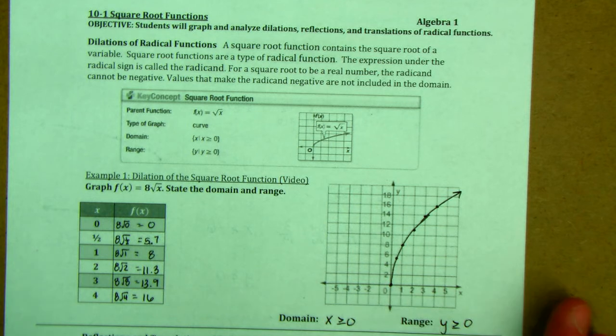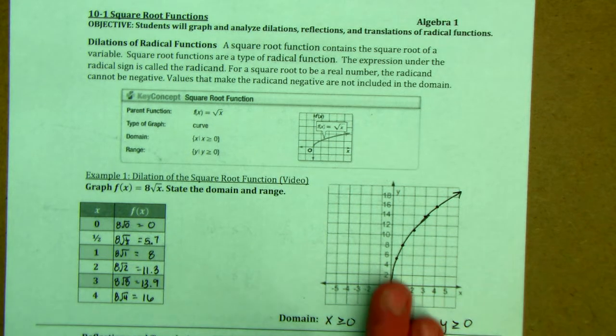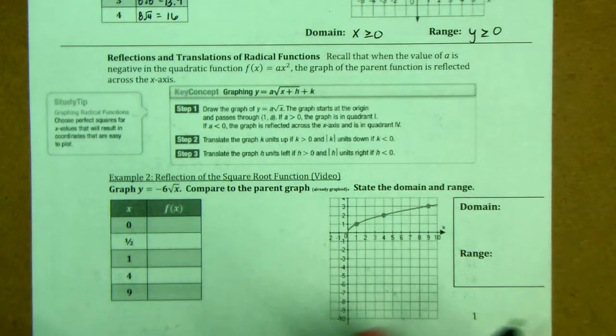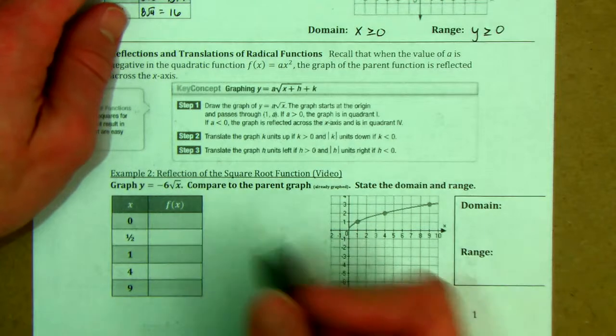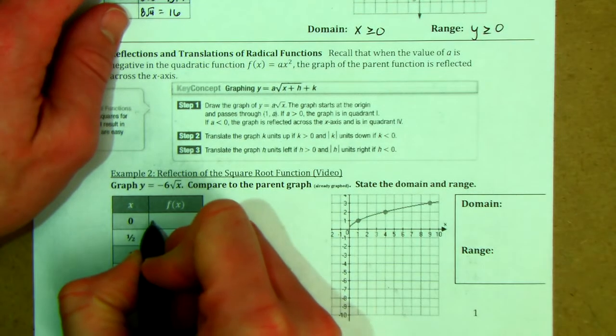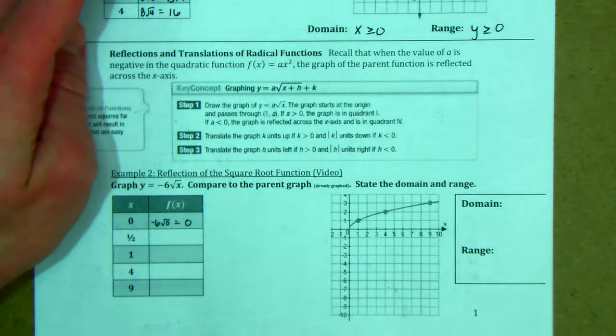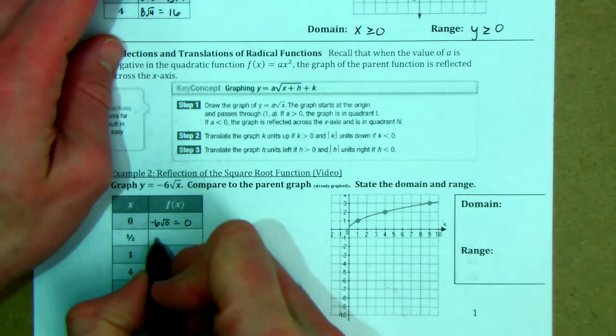Okay, translations or a reflection, look, they make a negative a here, so you can probably bet it's going to flip it, but 0 is still going to be 0, because it's negative 6 times the square root of 0, which is 0. Negative 6 times the square root of 0.5 is going to give me negative 4.2.